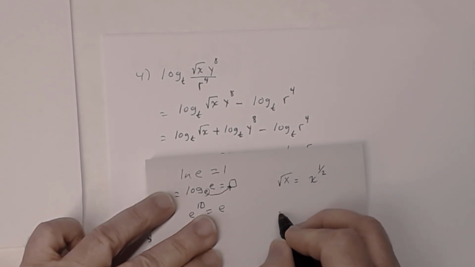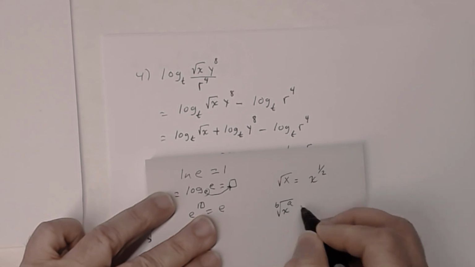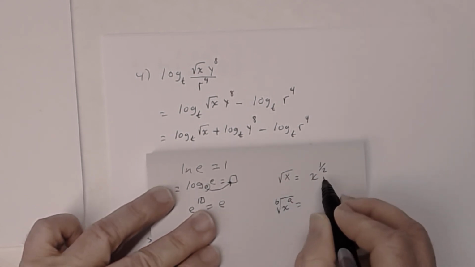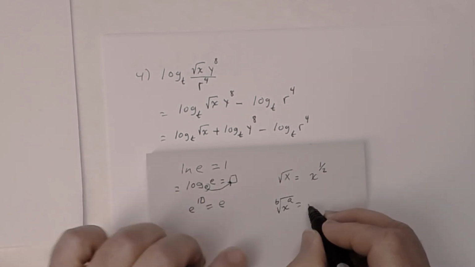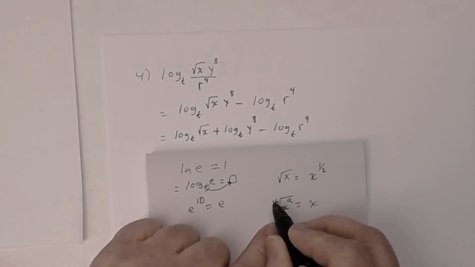So your property, if you remember your property, if you have, let me write it like this, the b root of x to the 8th power. So changing a radical to a rational expression, you're going to say x to the exponent divided by the index. Remember, b is called the index.